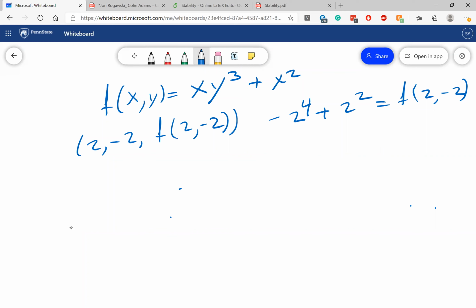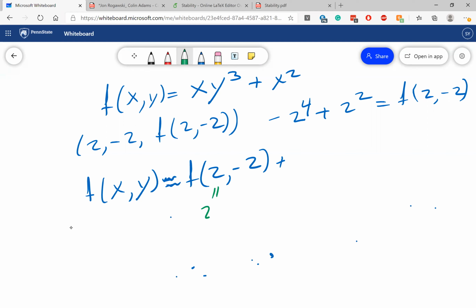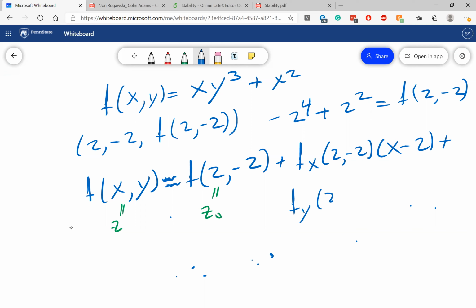They want us to find the tangent plane, and we said the tangent plane can be written as f of x, y, approximately f of 2 comma -2, which is our z0, plus the partial of f with respect to x at 2 comma -2 times x minus 2, plus the partial of f with respect to y at 2 comma -2 times y plus 2.